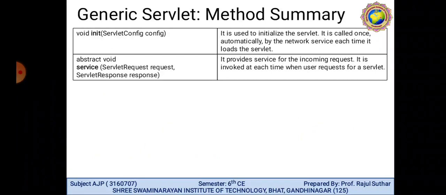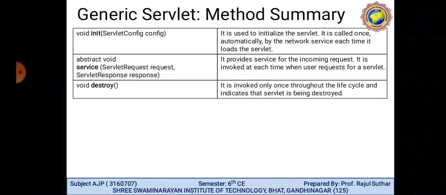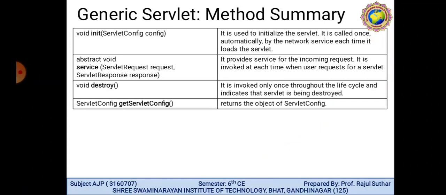It provides the service for an incoming request, and it is invoked each time a user requests the servlet. Last one, to destroy or release the resources, or for garbage collection, we require void destroy. It is invoked only once throughout the life cycle and indicates the servlet is being destroyed.